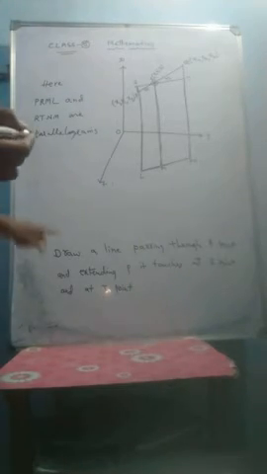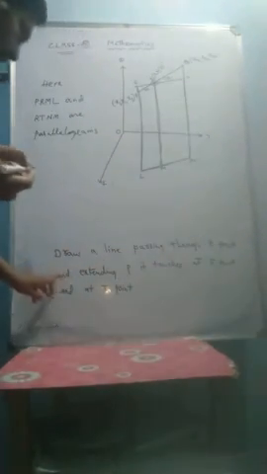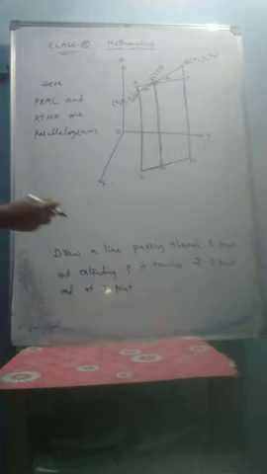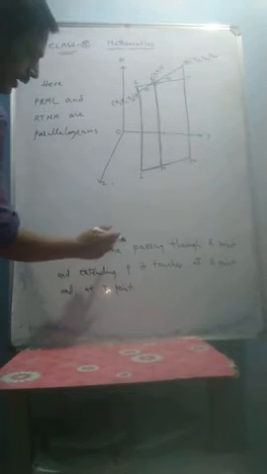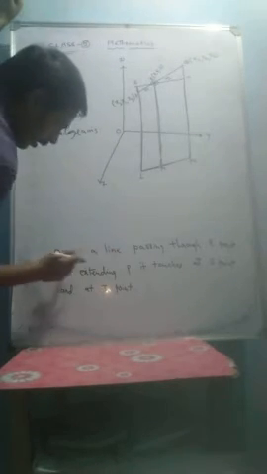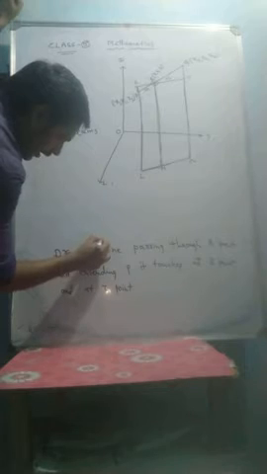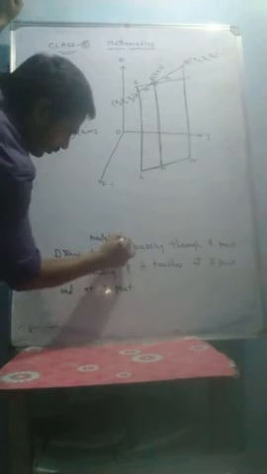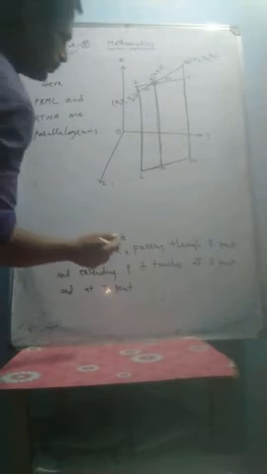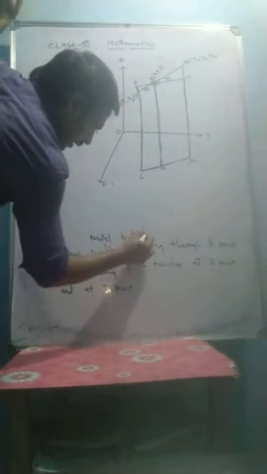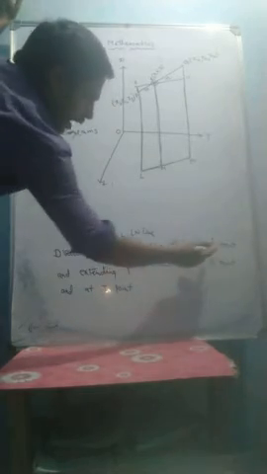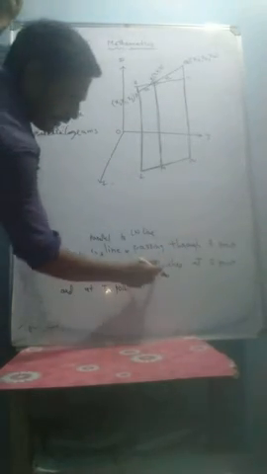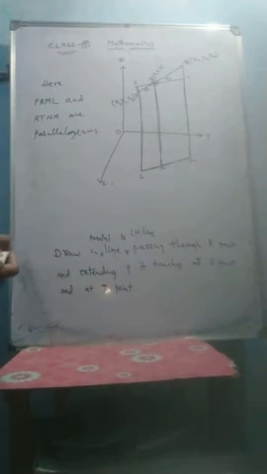If you see here, draw a line passing through the R point and extending to P, it touches at the S point and at the T point. That means draw a line parallel to LN. Okay, draw a line parallel to the LN line passing through the R point and extending to P, it touches at the S point and at the T point. Okay, like that you can write.